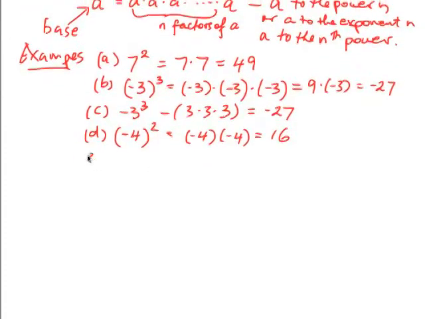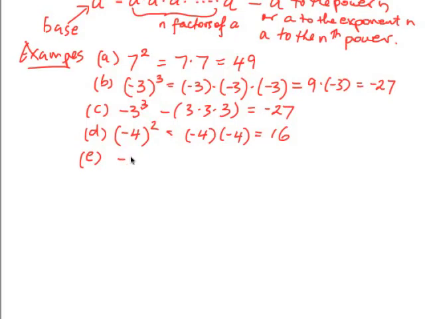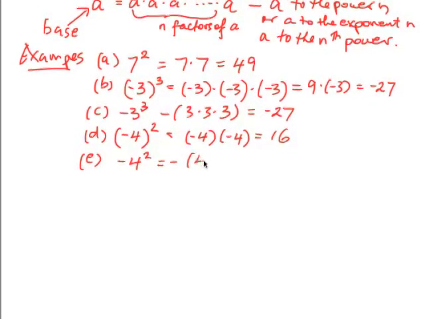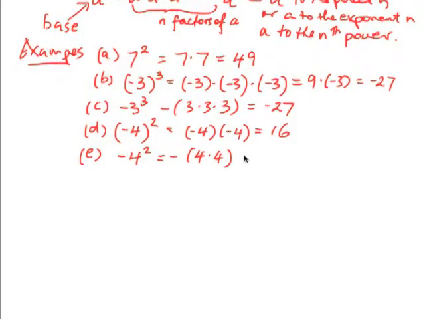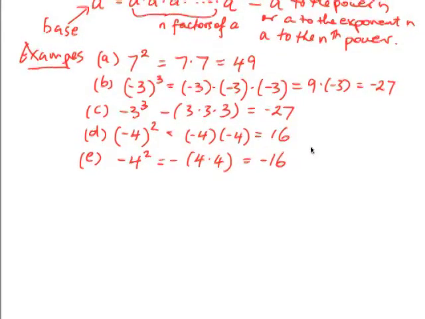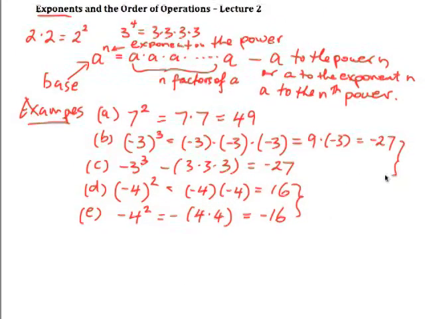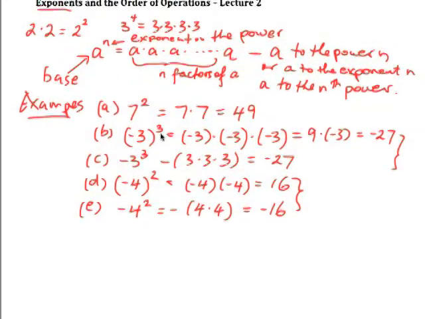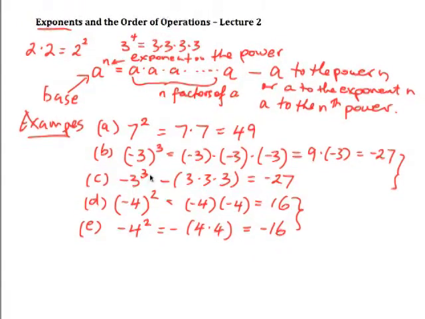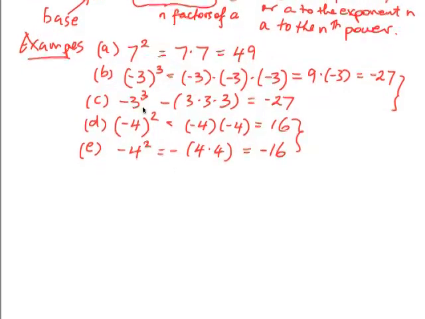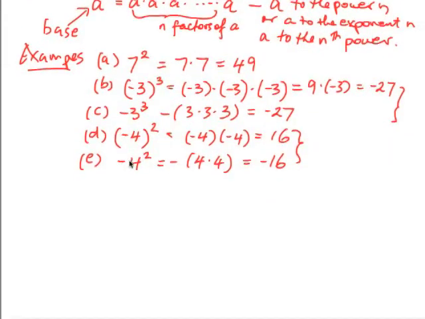However, if I had negative 4 squared, this would be the negative of 4 by 4, which is negative 16. And these two are not the same. So be very careful. Sometimes we get the same result, in this case because we had an odd power, but we don't when we have an even power. These two things are not the same.